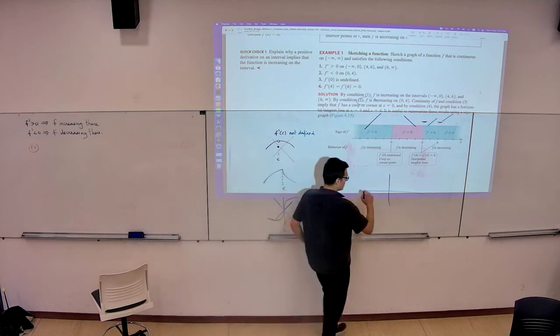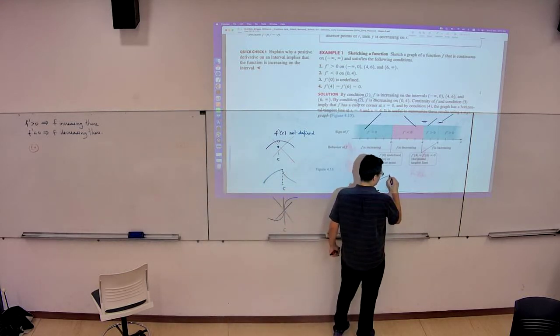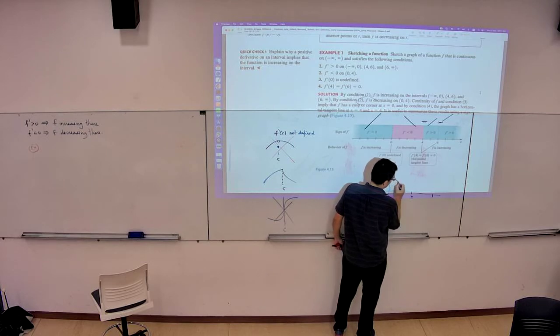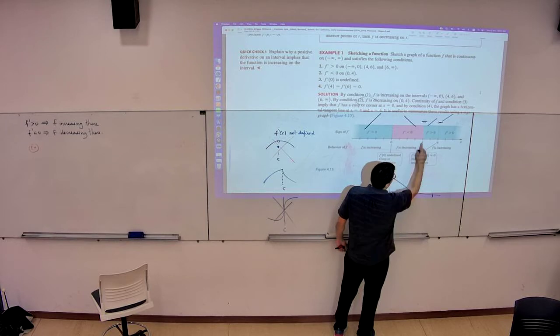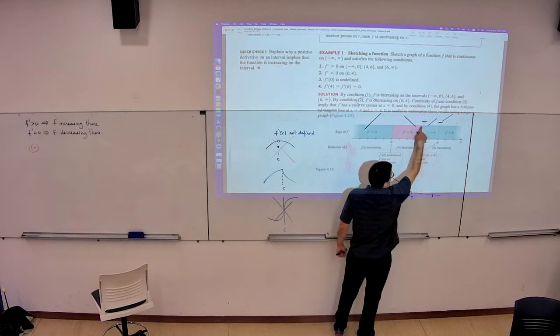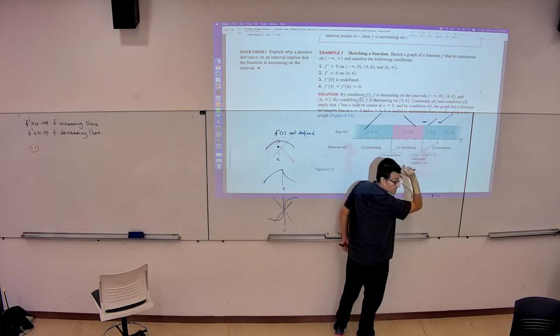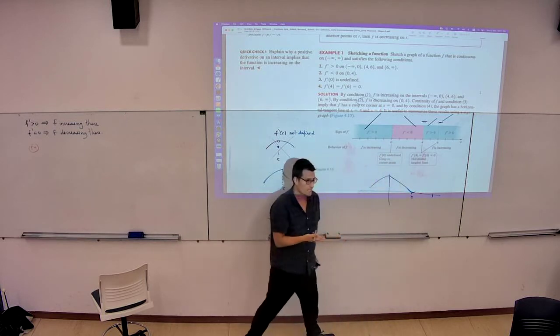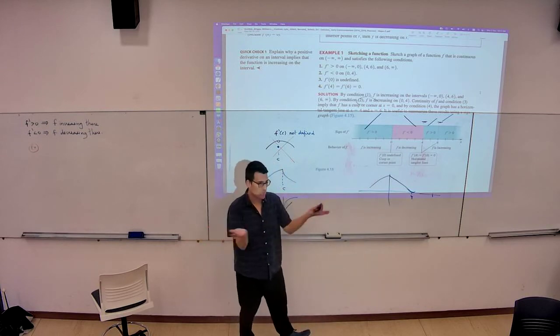So the function is increasing, there's a sharp point down there, and then it's decreasing all the way down to 4. So probably it looks something like this. At x equals 4, the derivative is 0, meaning the tangent at x equals 4 is flat, horizontal.